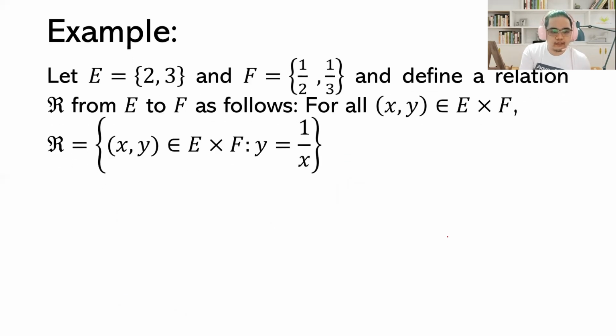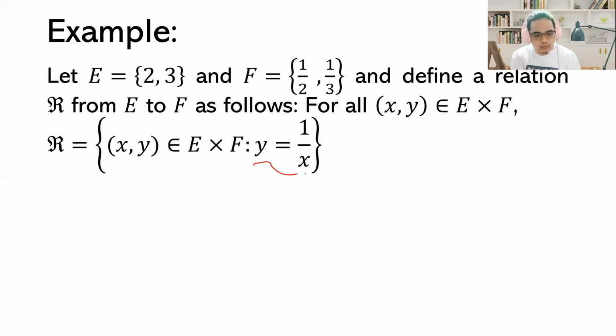And then, let's say for example, we have, let's say E is the set containing 2 and 3. Then F, we have the set containing the elements 1/2 and 1/3. And we define a relation from E to F as follows. Okay? This is the relation.